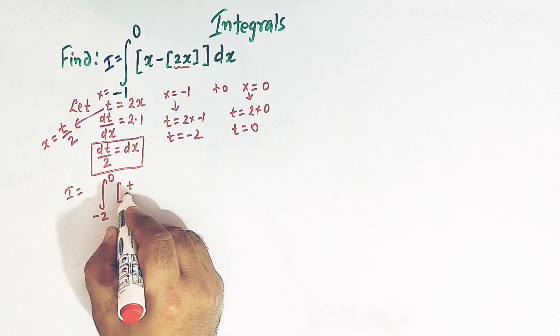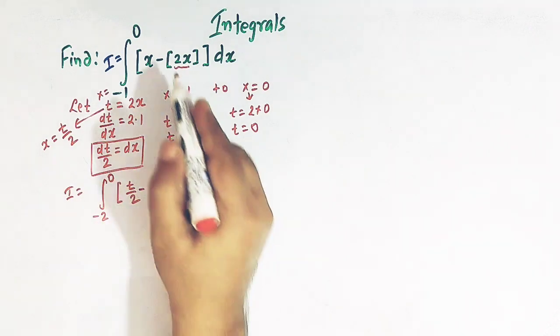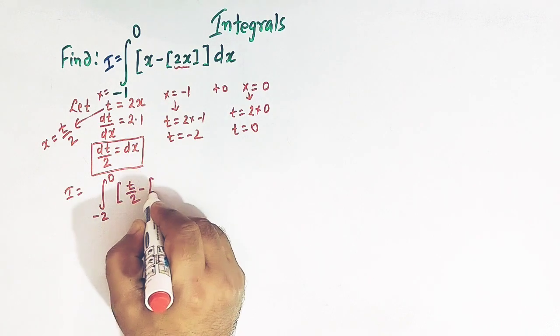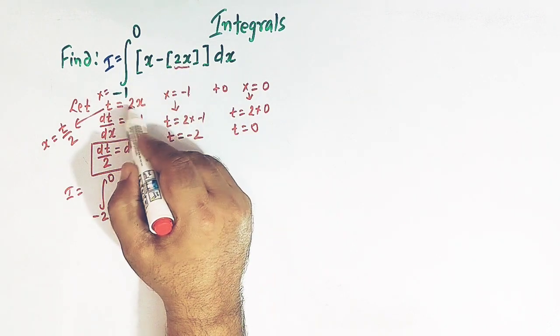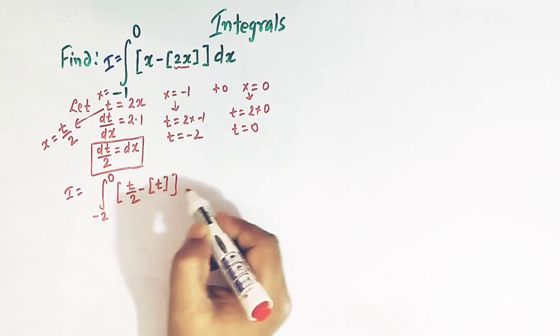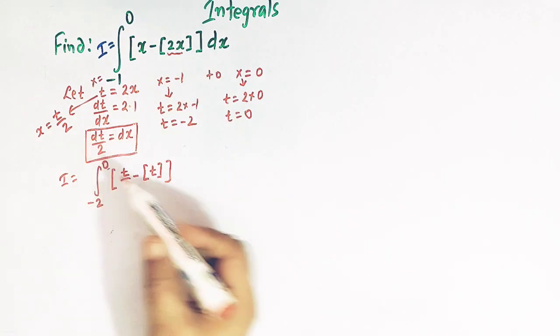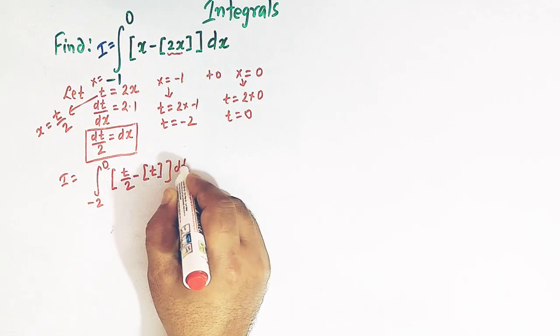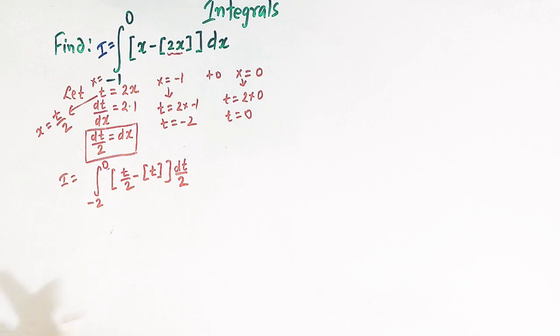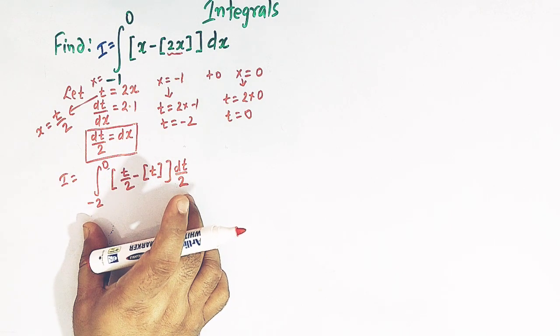So here we have t over 2, and here we have minus greatest integer of 2x. So 2x can be replaced by simply t, and here for dx we have dt over 2, right? So now we have this integral, right?